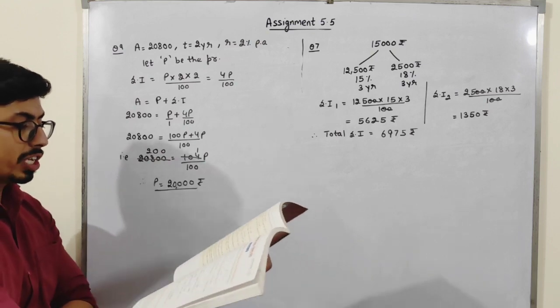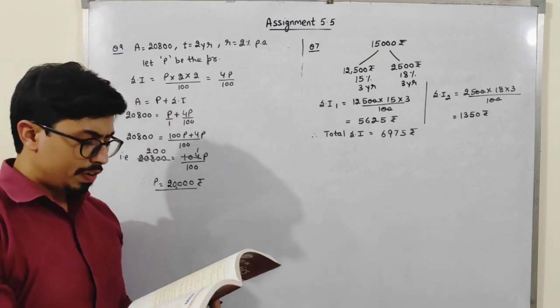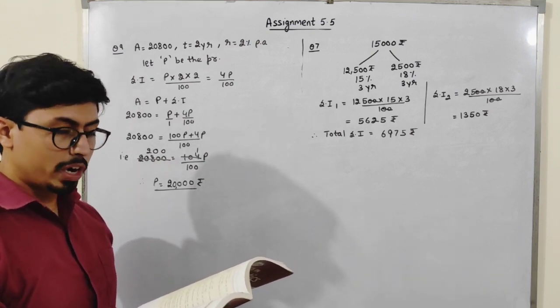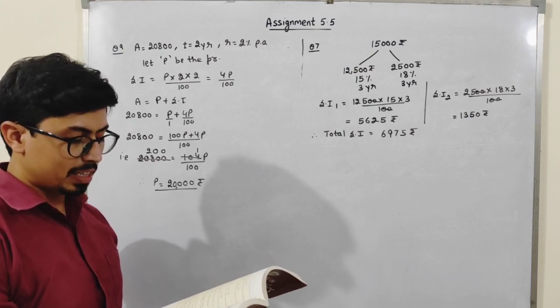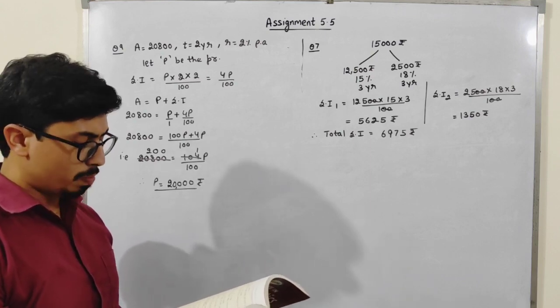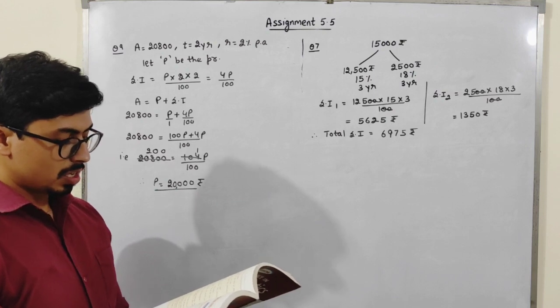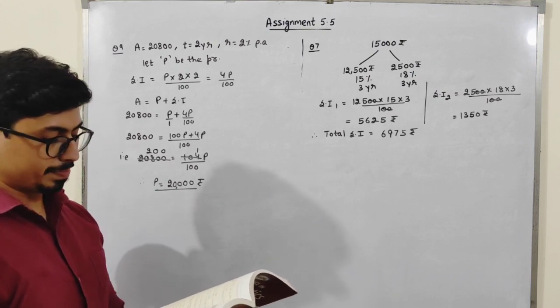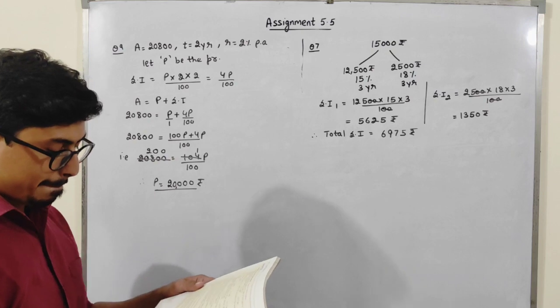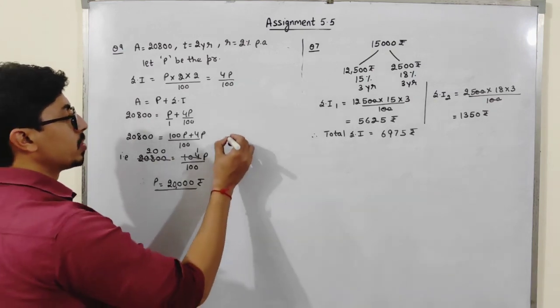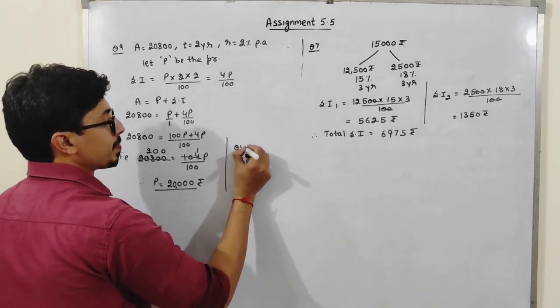Now moving forward to question number 10. You have 2,400 rupees in your account, and the interest rate is 5%. After how many years will you earn 240 rupees?